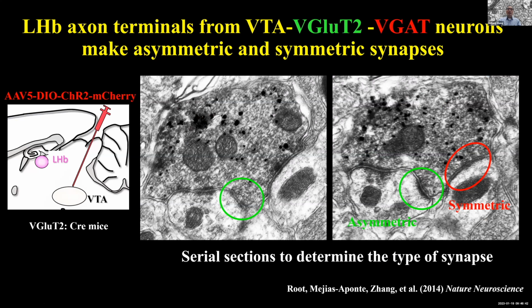We detected the expression of VGAD, seen as gold particles, co-expressed with the mCherry, basically from glutamate neurons from the VTA. And from serial sections, we can observe asymmetric synapses and symmetric synapses.